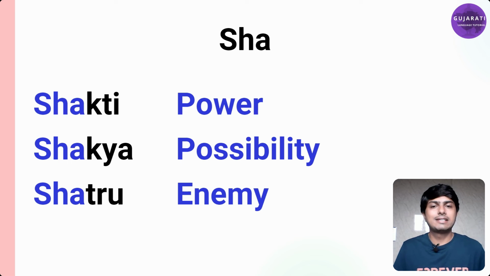So if you see, all these words started with SHA. I am repeating. Power means Shakti, possibility means Shakya, and enemy means Shatru.